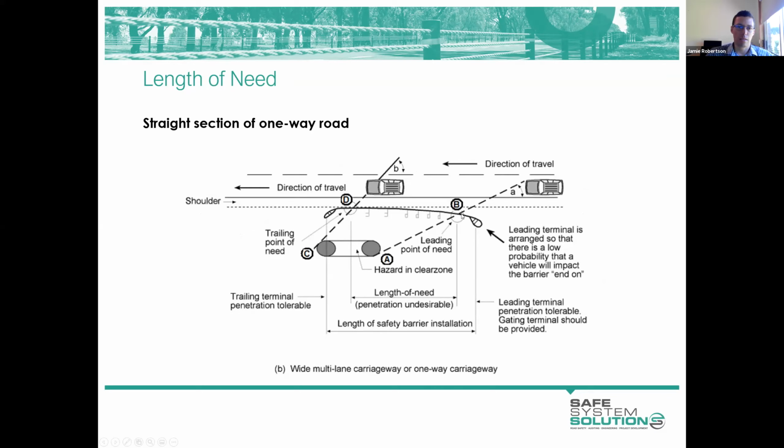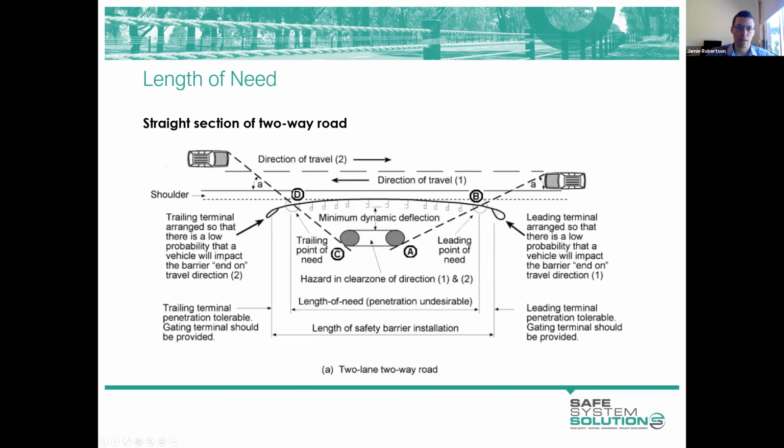It's typically the case that we would extend our barrier sort of in line with the end of that hazard, so somewhere here. We can shorten things up a bit. No vehicle is going to depart the road at a 90-degree angle, certainly not with any speed, and strike this hazard. So this is where our trailing angles can come into play.